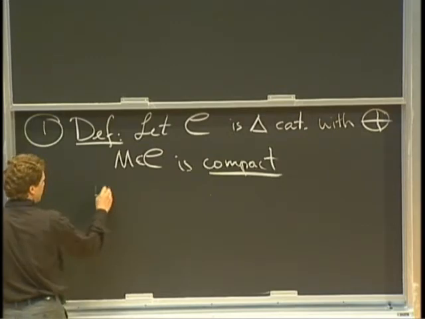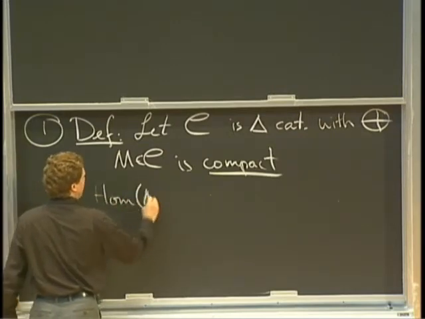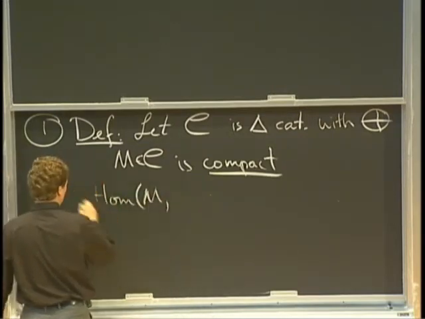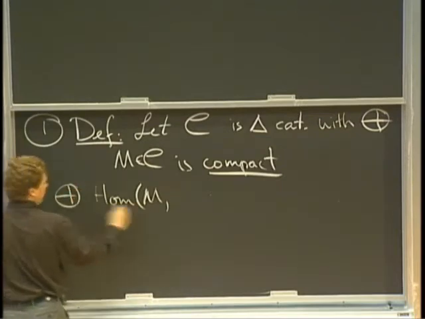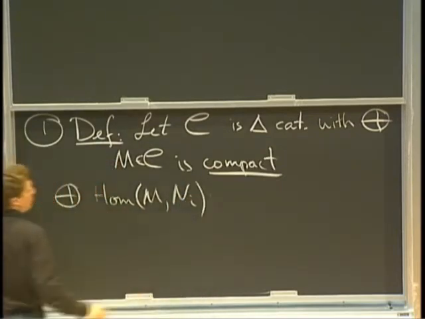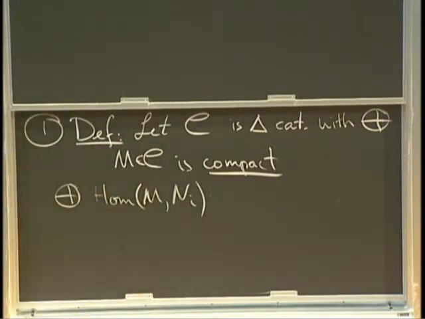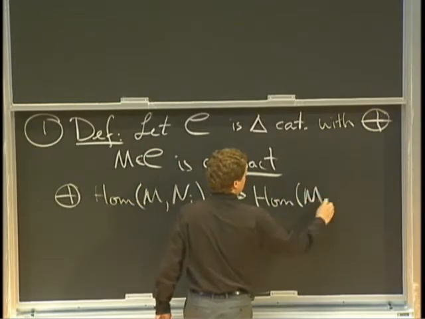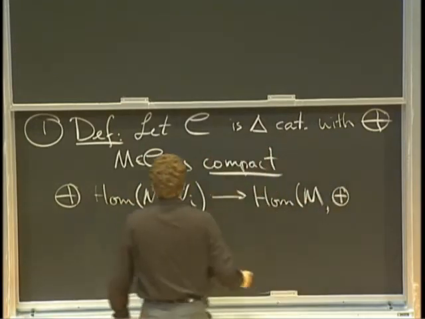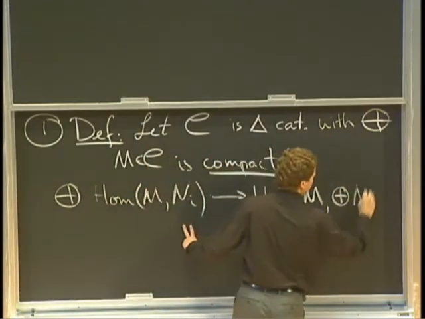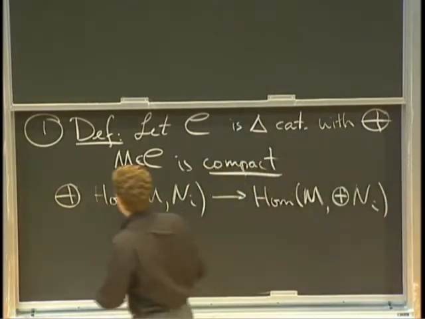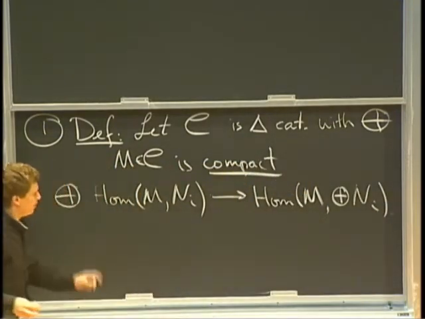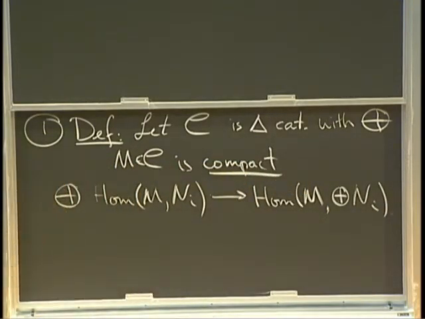In other words, there is always a map in this direction. If you have a collection of maps of M into N_i, you can map M into the direct sum of the N_i.